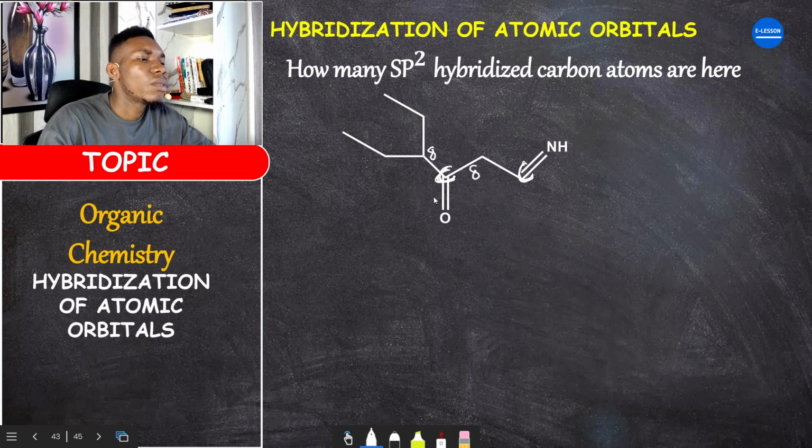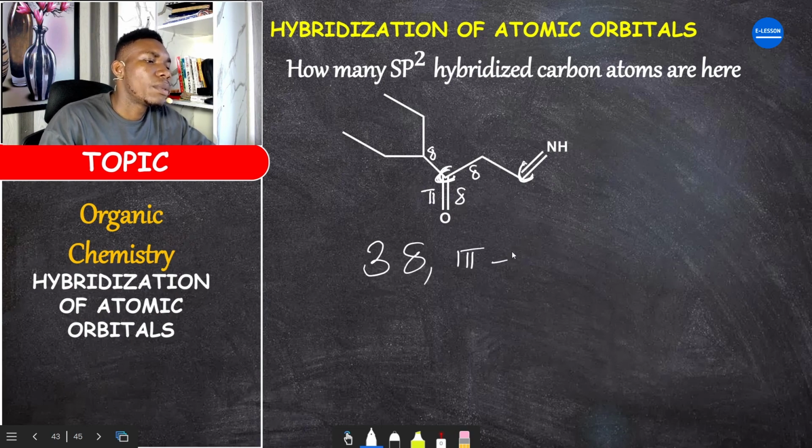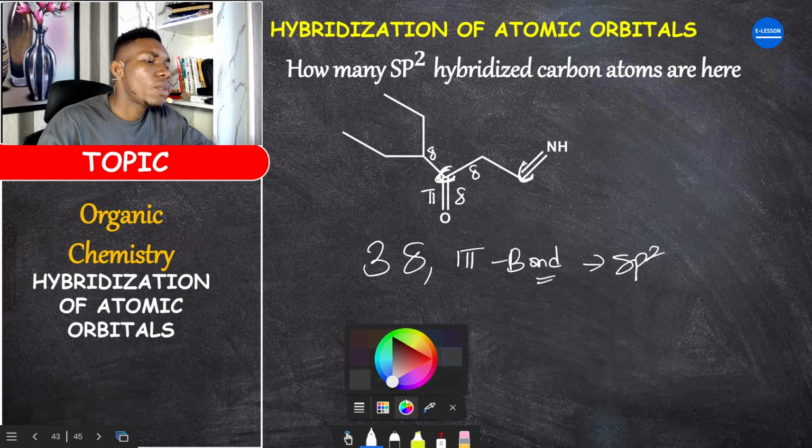All single bonds are sigma bonds. Then of these 2 bonds here, one is a pi bond, the other one is what? Sigma. So in total, how many sigma bonds are you having here? 3 sigma, then 1 pi bond. Now when you have 3 sigma, 1 pi bond, what kind of hybridization is that? sp2. So we can say that this carbon atom here is sp2 hybridized.